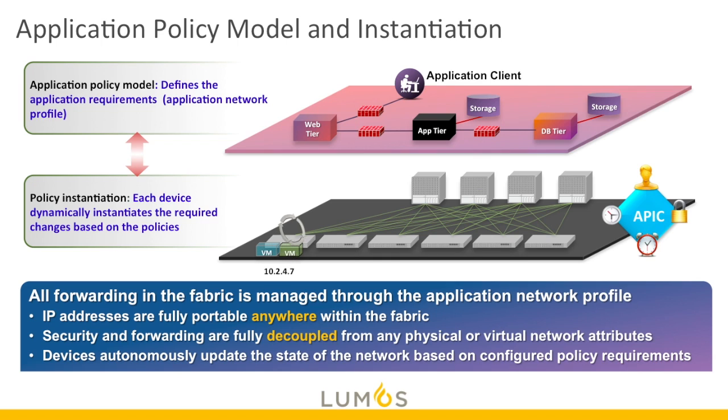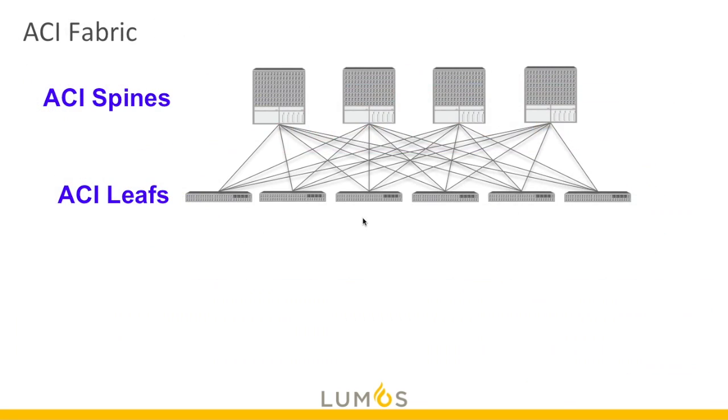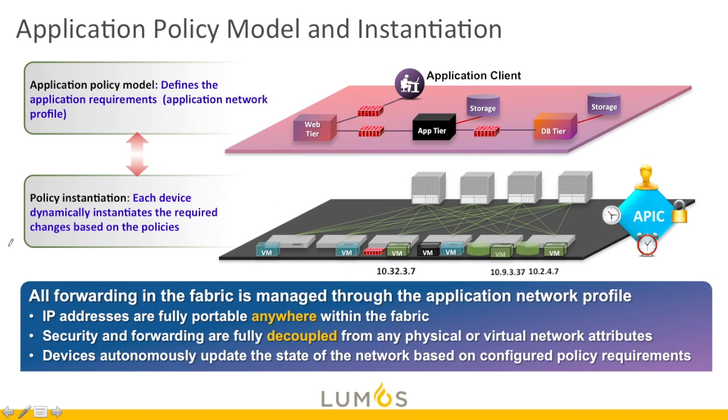IP addresses, all forwarding in the fabric is managed through the application network profile. IP addresses are fully portable anywhere within the fabric. So if we have a virtual machine over here, and we want to move it to a different location, then the IP addresses are fully portable.